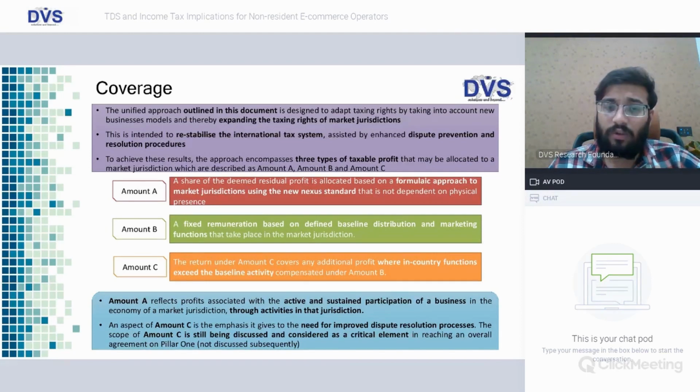Amount C: the return under Amount C covers any additional in-country functions that exceed the baseline activity compensated under Amount B. We have taken a webinar also on taxation of digital economy and OECD's recommendation, where they have focused on Amount A and B. For Amount C, there has not been any approach shared by OECD, so we are expecting a detailed regulation for that as well.